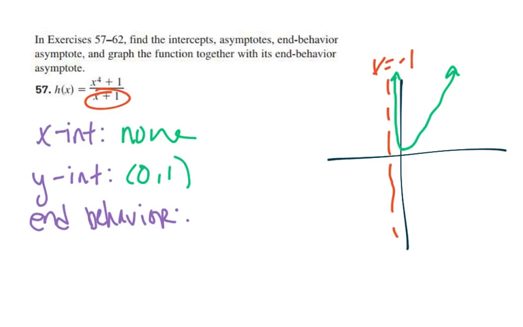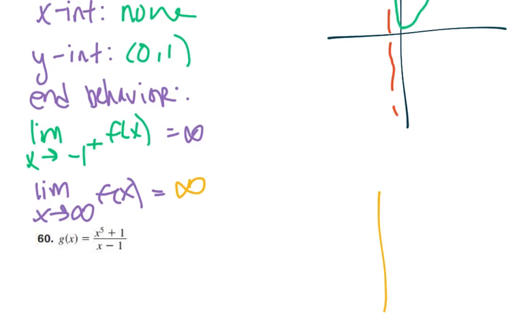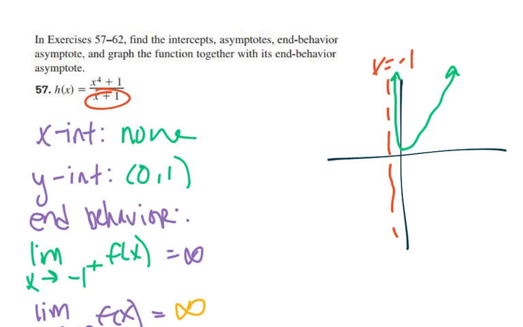And then the end behavior is the fact that the limit as x approaches -1 from the right is infinity. But then the limit as x approaches positive infinity, so to the right, is infinity as well. So they both go up, but again, referencing that -1 from the right is where it stops. It does say graph the function together with its end behavior asymptote, and I'm assuming they mean kind of the path of this end point here, but we do not have that because we're not doing diagonal asymptotes, so we skip that part.